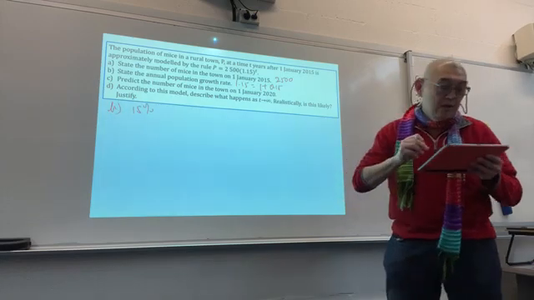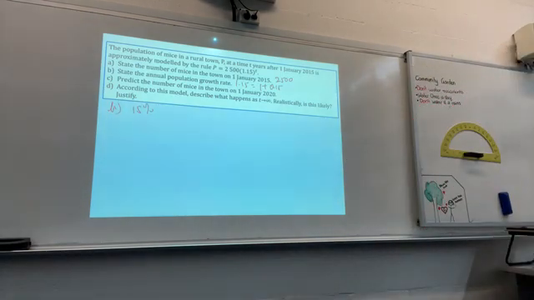So predict the number of mice in the town on 1st of January 2020. What would T be? 5 years. Thank you. So P equals 2500 times 1.15 to the power of 5, which is 5028.39.